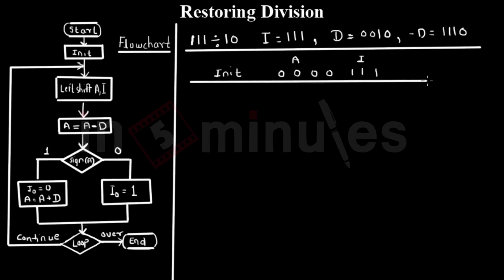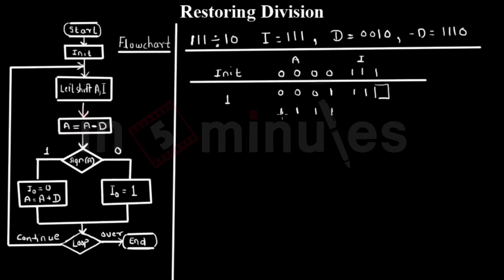After initialization, we go to the first iteration. First of all, we left shift the entire bit sequence. We leave the last bit unassigned. When we subtract D from A, that is we perform A minus D, which is basically adding 2's complement to it, the result we get is 1, 1, 1, 1.